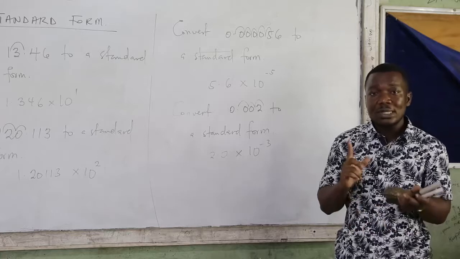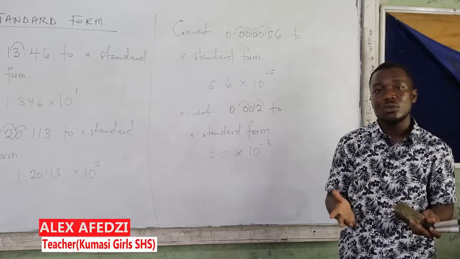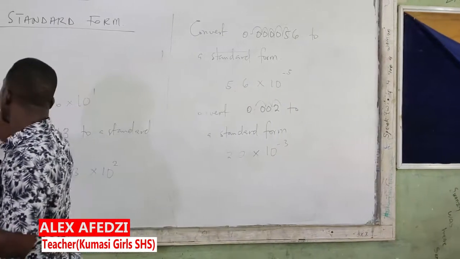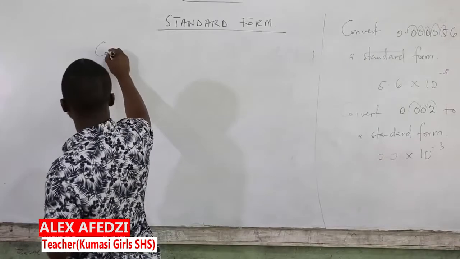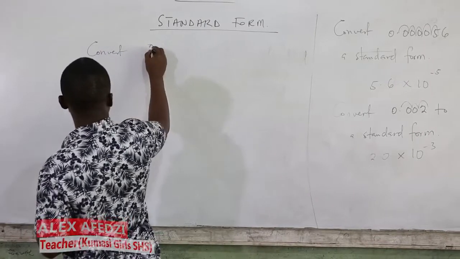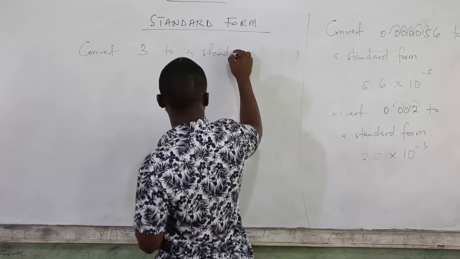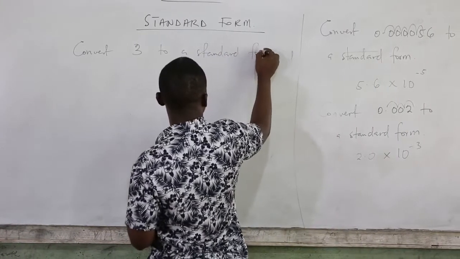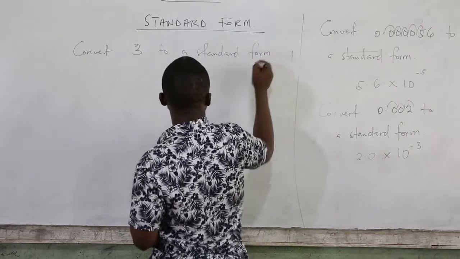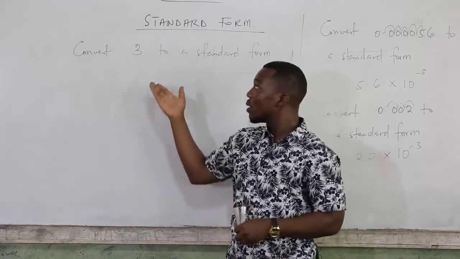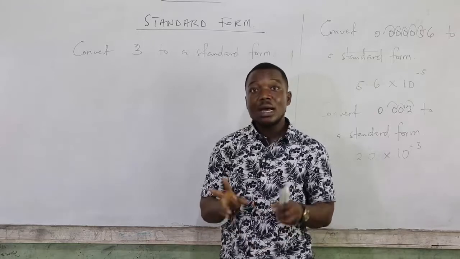What if you have just one single number and you've been asked to change it to a standard form? Like I told you, standard form has 2 parts.